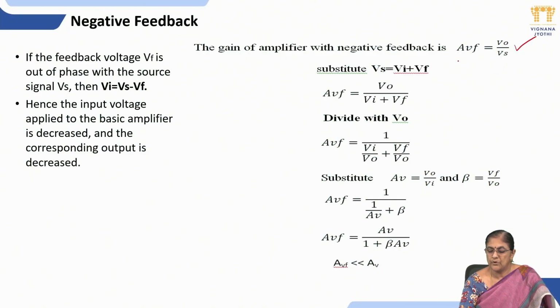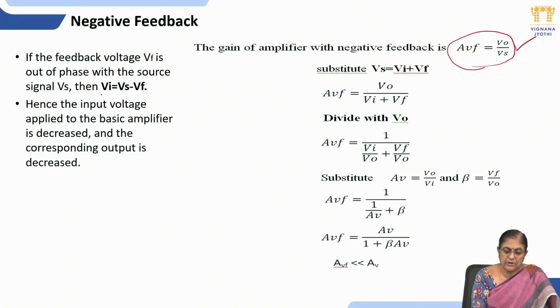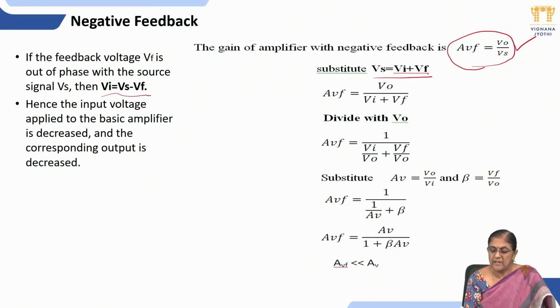Vs. Therefore, AVF is V naught by Vs. But in negative feedback, Vi is equal to Vs minus Vf. What is Vs from this equation? Substitute Vs is equal to Vi plus Vf. Then AVF is equal to V naught by Vi plus Vf.